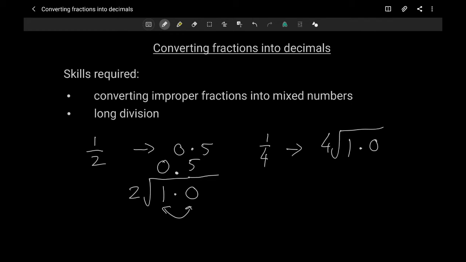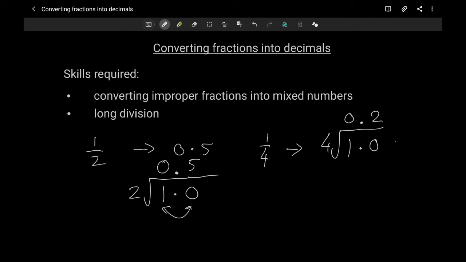So we say how many 4's go into 1, and we know that is none. We put a decimal point there, and we say how many 4's go into 10. Well, we know that 4 times 2 is 8 with a remainder of 2.